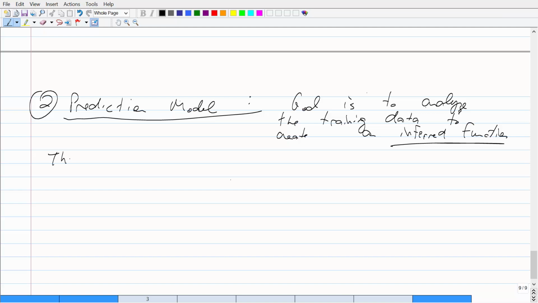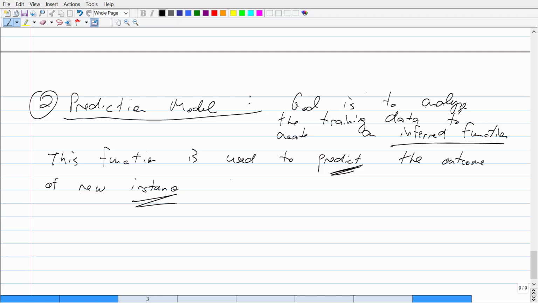So this function is used to predict the outcome of new instances. An instance is a new data point that you haven't seen before, that you want to classify or predict.